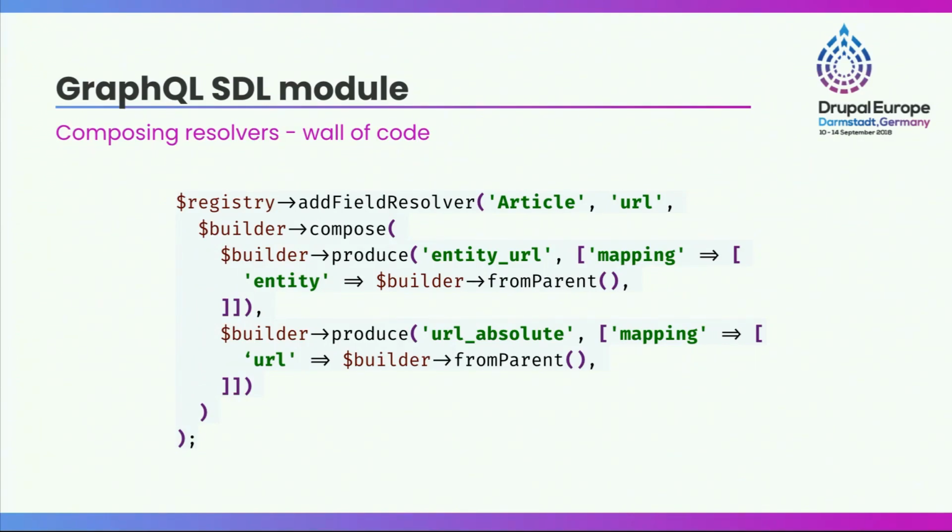The second one is another simple function that just takes in a URL and creates the absolute path as a string. So you have two atomic functions that can be combined in different ways.